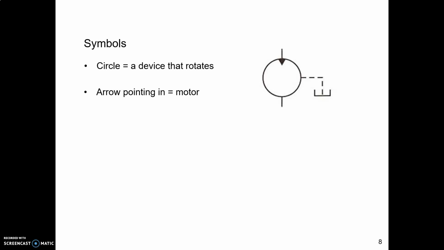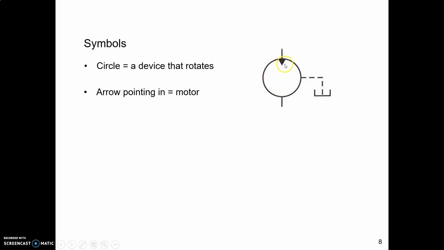Now let's think about symbols. Again, we're thinking about how a thing that rotates is represented by a circle. So here is a circle with an arrow pointing in. Remember when we looked at pump symbols, a pump was a circle with an arrow pointing out because it was pumping oil out into the system. This is a symbol for a hydraulic motor.